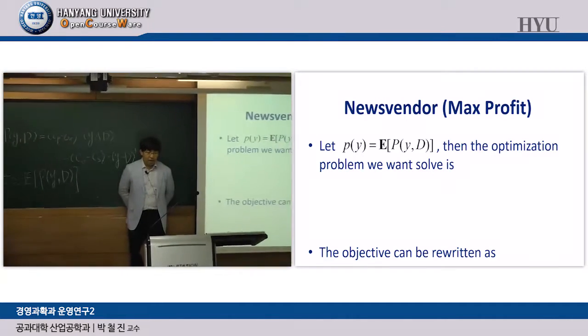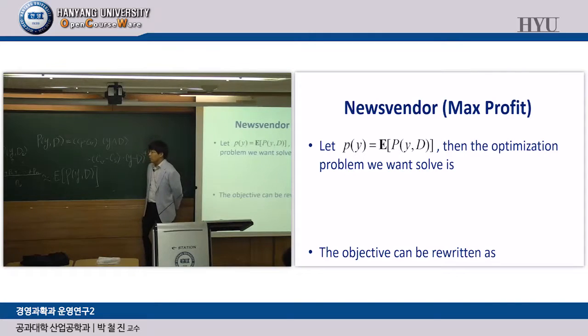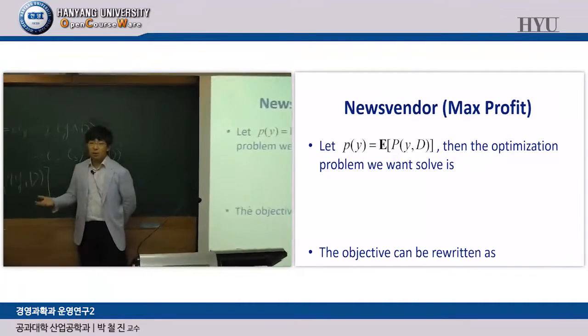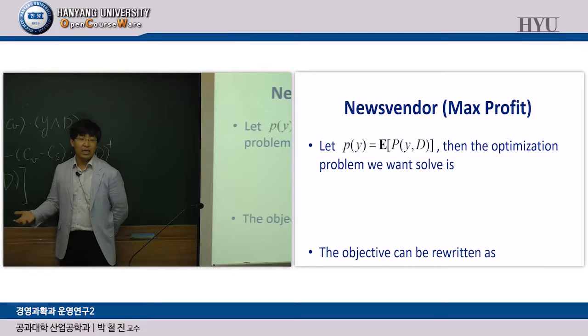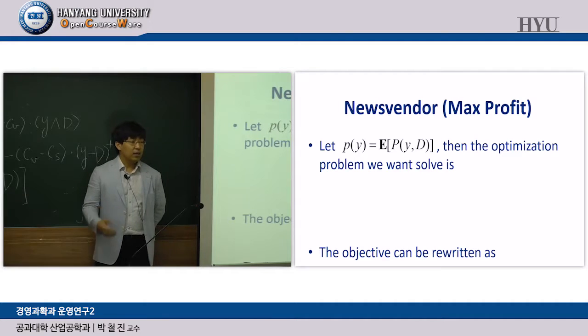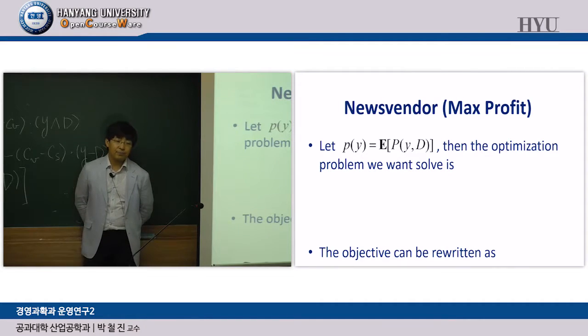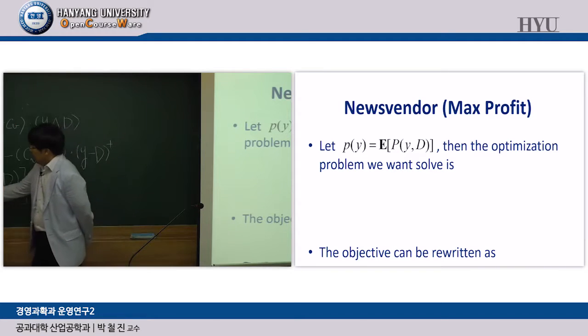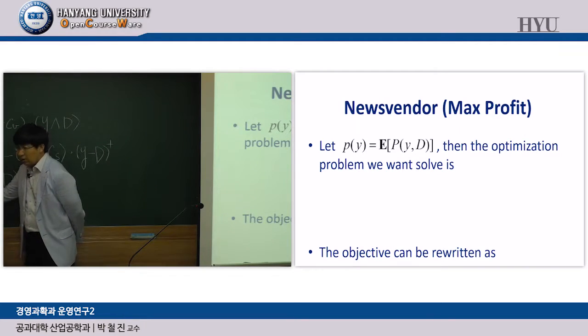So now we are going to focus on the expected value, not just the random function P. With the random function P, we are able to say not many things. So we are going to focus on the expected value.